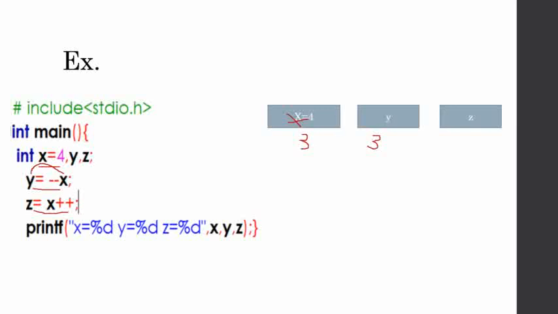So the value of z is 3 now, and then the updation part will be evaluated. So now the value of x will be updated and incremented by 1. So now the value of x is 4. So x equals 4, y equals 3, and z equals 3. So the output is this one.